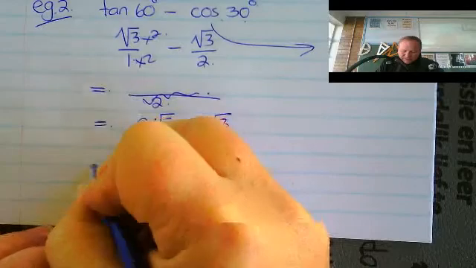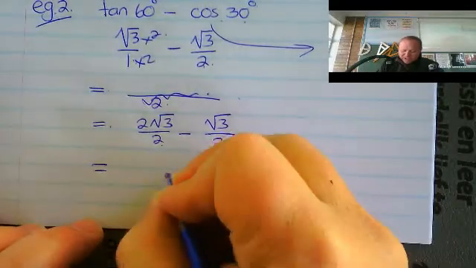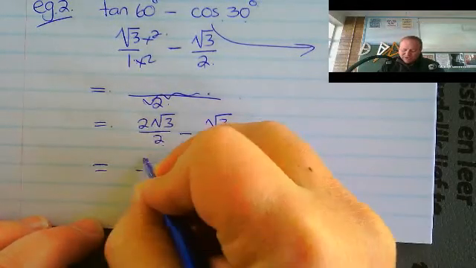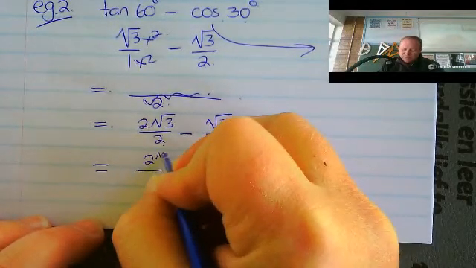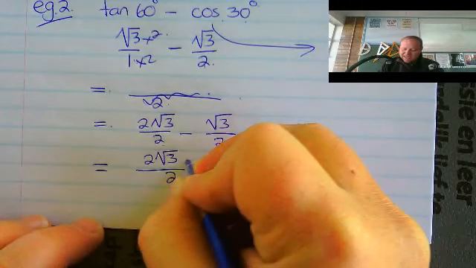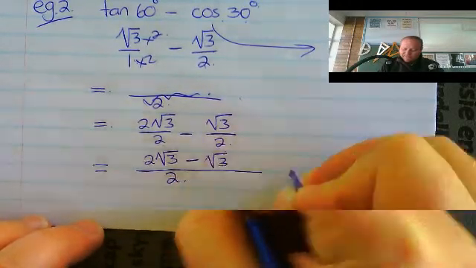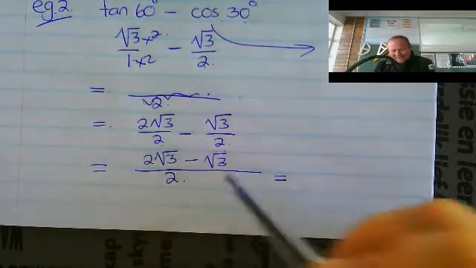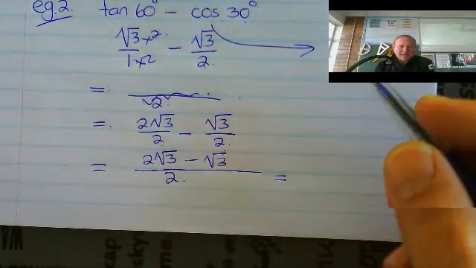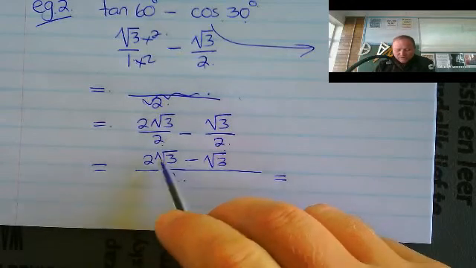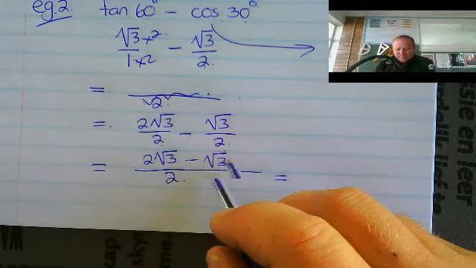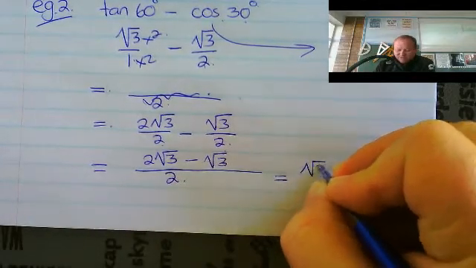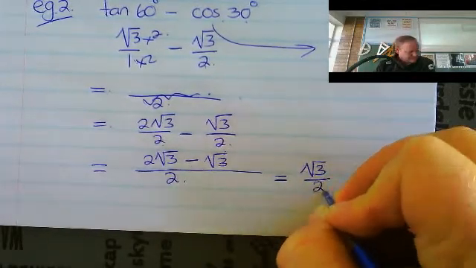It's a common denominator now, so I can use that denominator, which is 2. It is 2 square root of 3 minus the square root of 3. Now this is like 2x minus 1x, which gives you 1x. So 2 of the square roots minus 1 of that square root is going to give you 1 square root of 3 over 2.